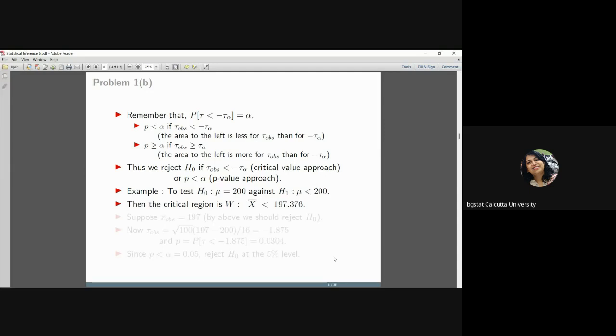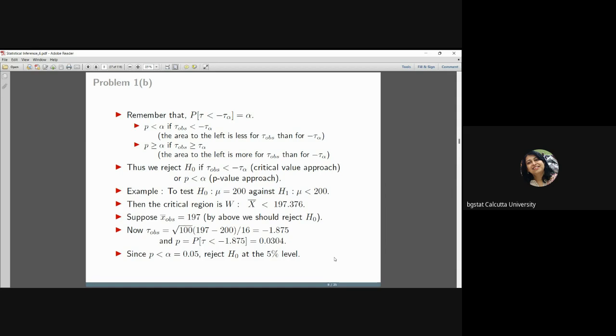So as an example, suppose we want to test H naught mu equal to 200 against the alternative mu less than 200. You can do the calculation mu naught minus sigma by root n times tau alpha. The critical value turns out to be 197.376. So using the critical value, you would reject if x bar is less than 197.376.